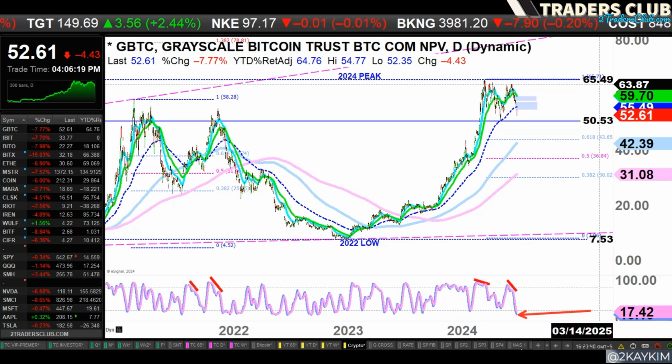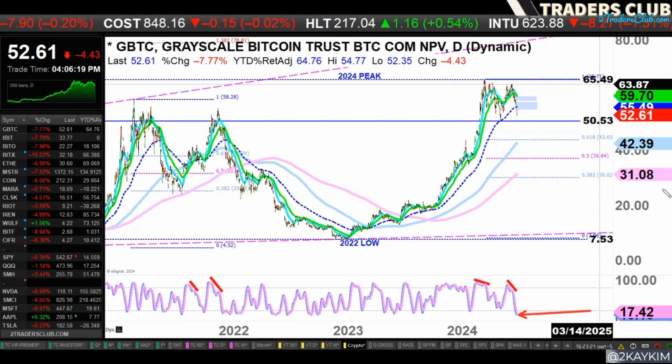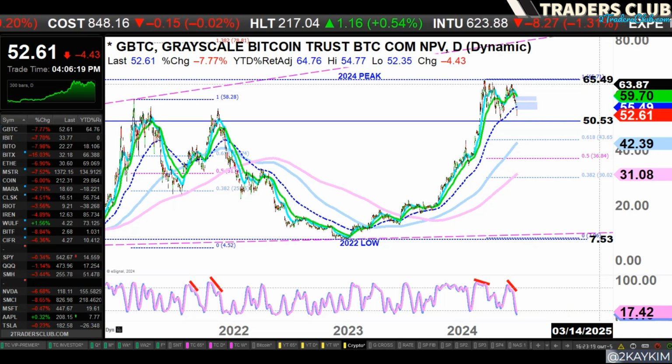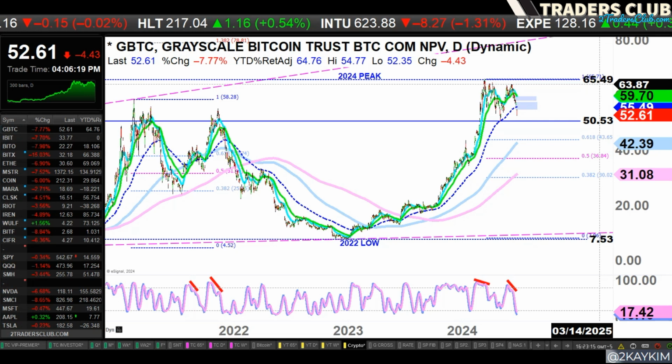And so we might see some kind of oversold bounce this week. But I don't know that that's going to be enough to completely reverse this thing. I think it's going to need more, maybe a bullish divergence, maybe some weekly signal. I think the daily signal is not going to be enough.